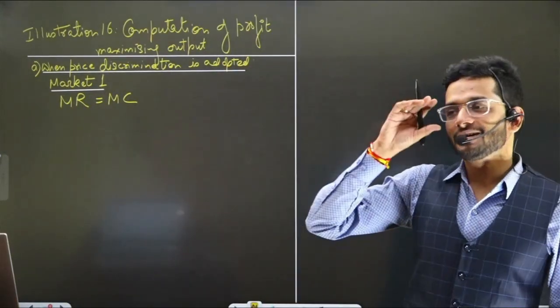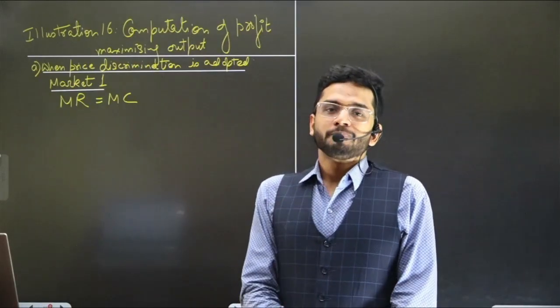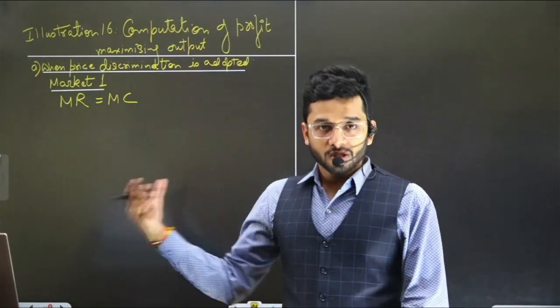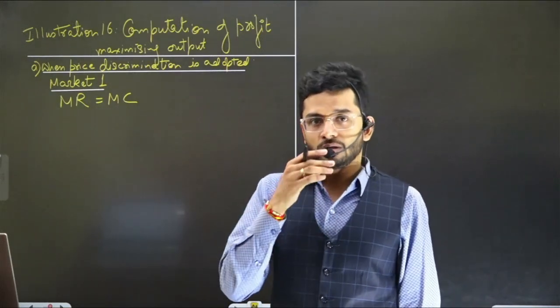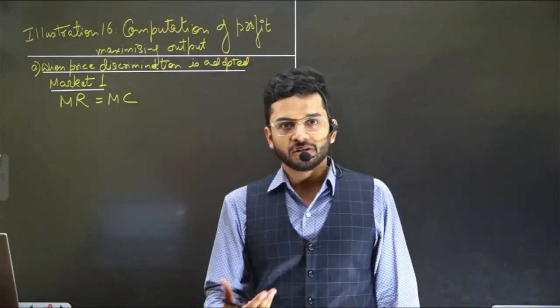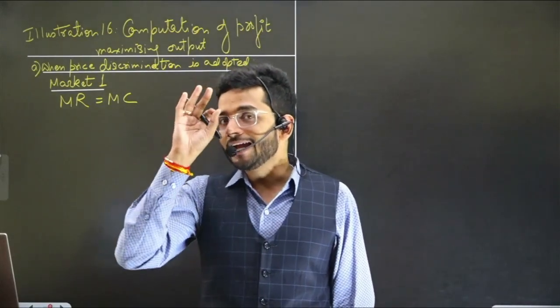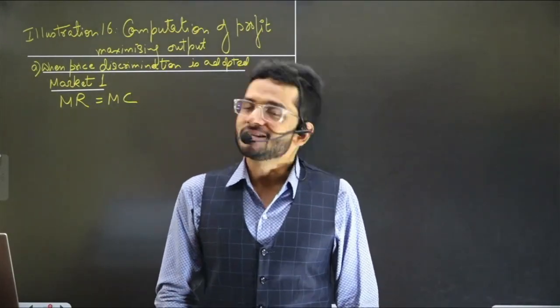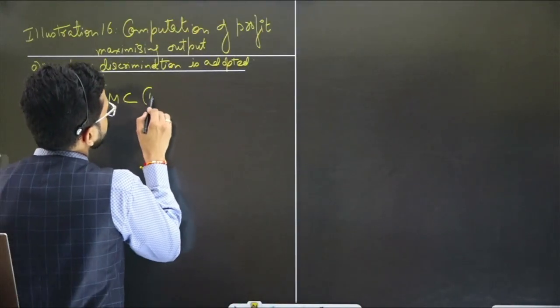But since the owner of the firm is able to exercise price discrimination at his own will, at his own discretion, this gives us a hint that he is a monopolist. And nonetheless, we are assuming that he is a monopolist.